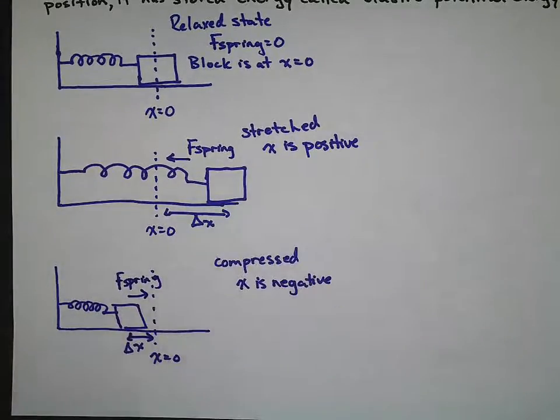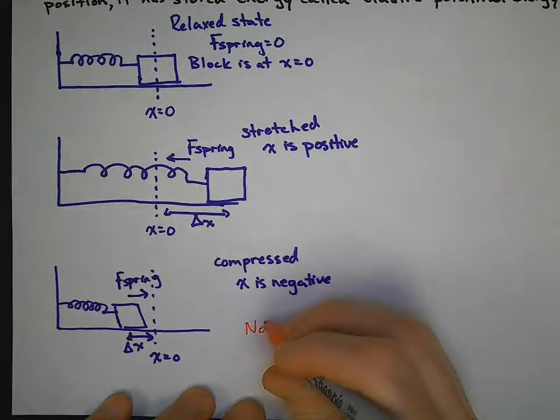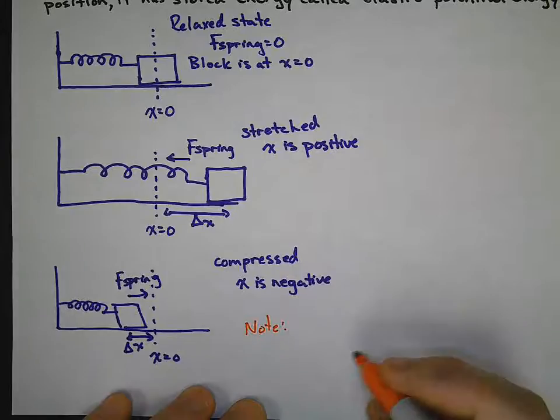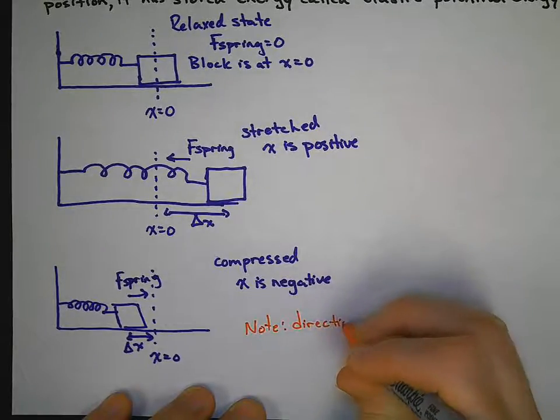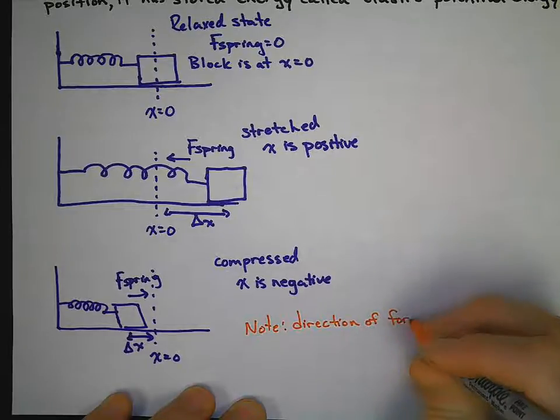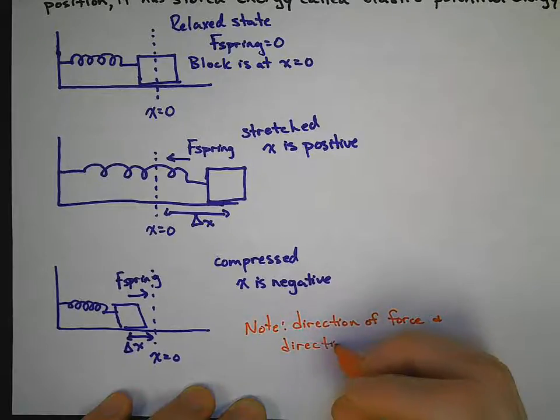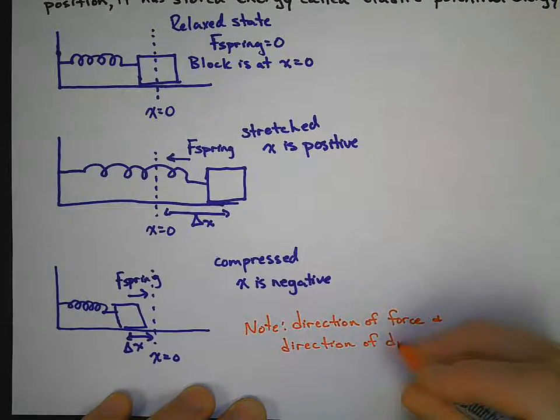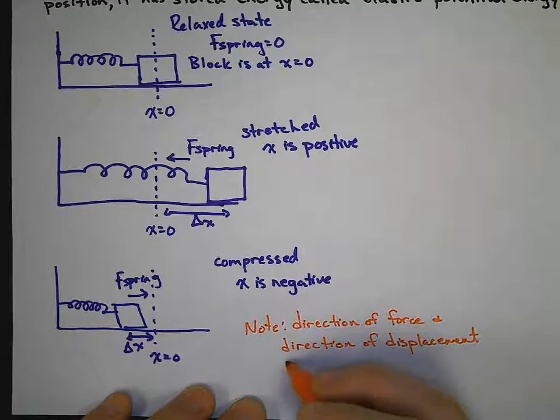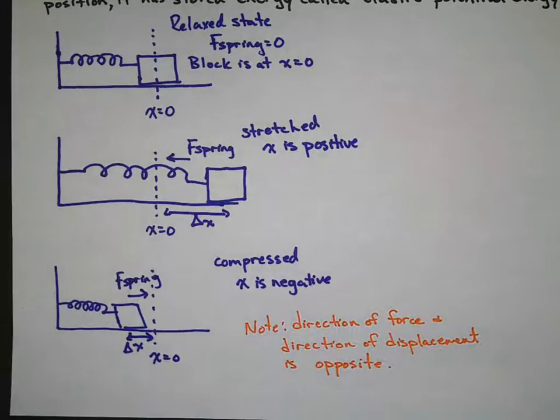So what we can note is that the direction of our force and the direction of the displacement are opposite. And we are able to calculate the value of the spring force through Hooke's law.